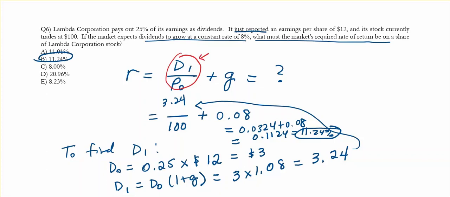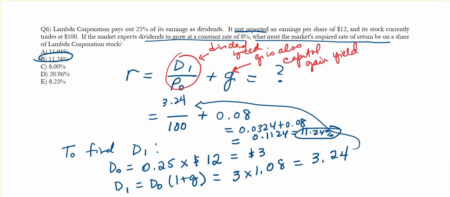This is called the dividend yield, and the growth rate in the dividends is also the capital gain yield. And then when you add the two together, you get the total return from investing in the stock.